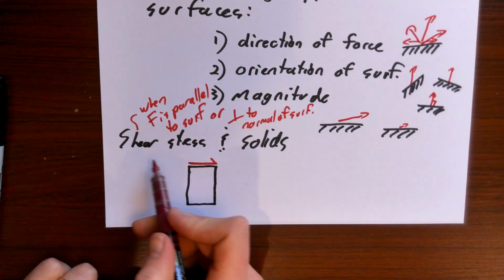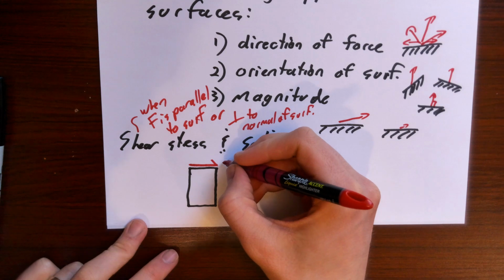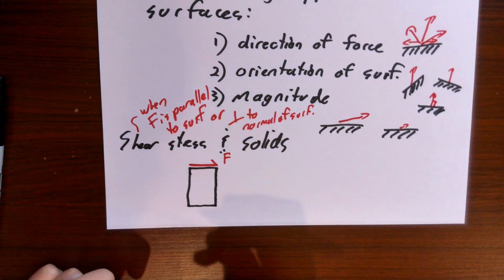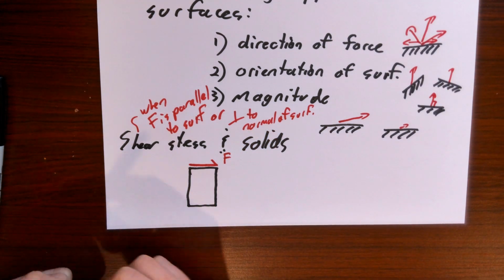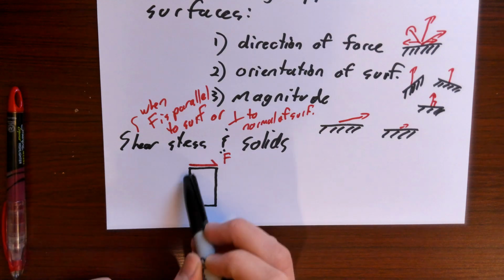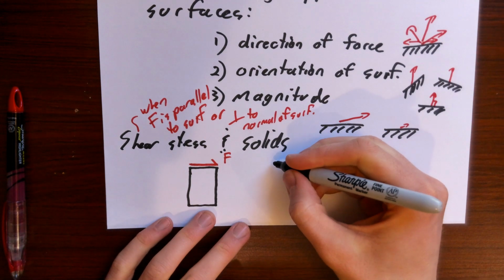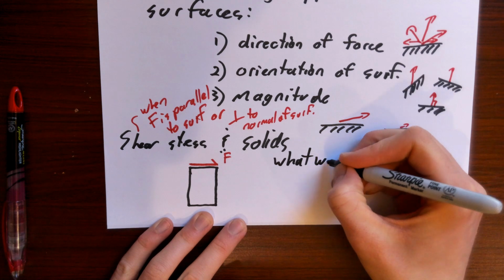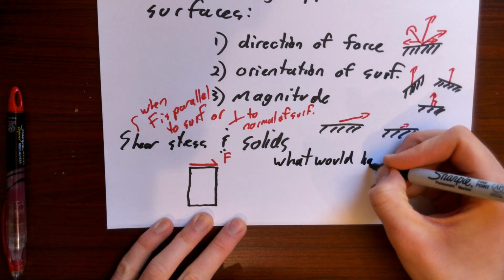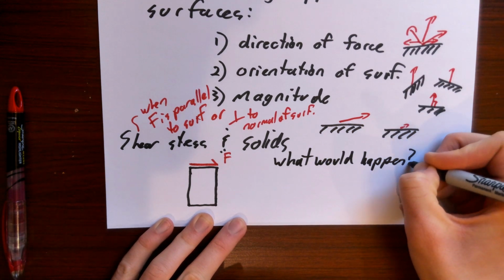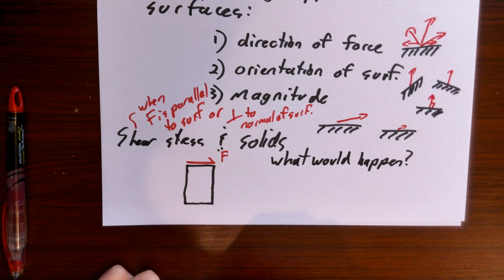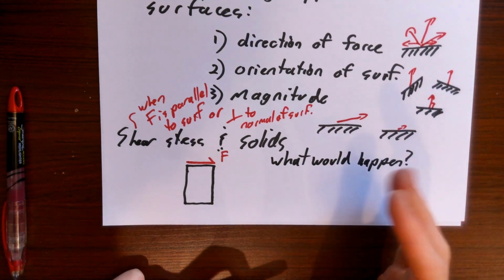There we are, right? So if we think about shear stress in solids, let's say I applied some force to the solid like this, what would happen? Well, you could pause and ponder if you want, but I'll just cut to the chase here.